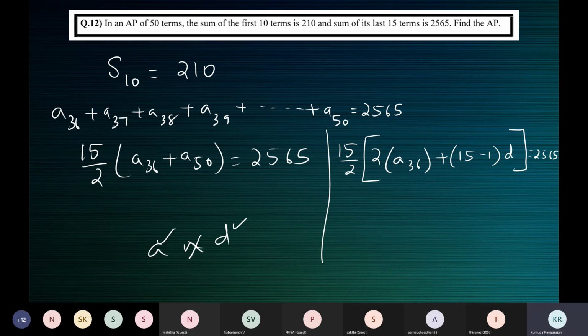A36 means A plus 35D. A50 means A plus 49D. Or on the other side, we have 15 by 2 of 2 into A36 plus n minus 1, 15 minus 1, into D. A36 should be written as A plus 35D.